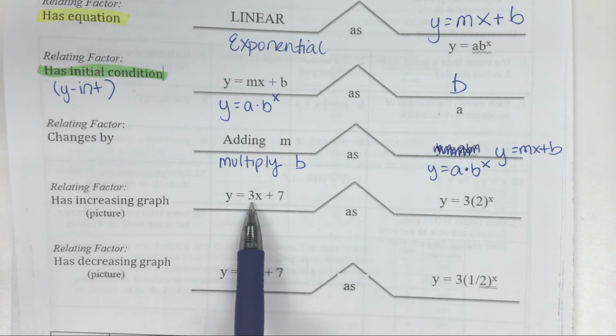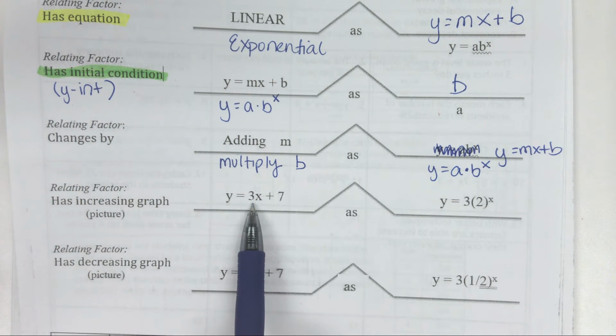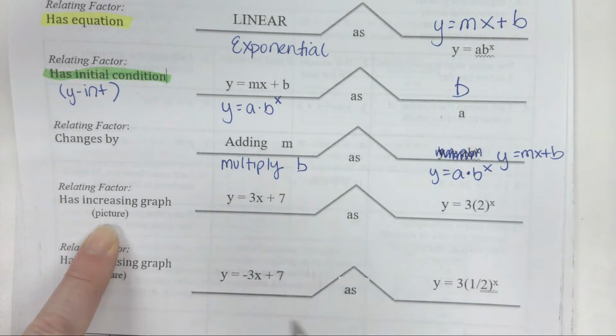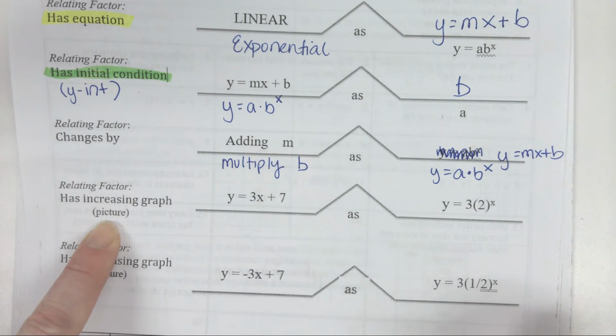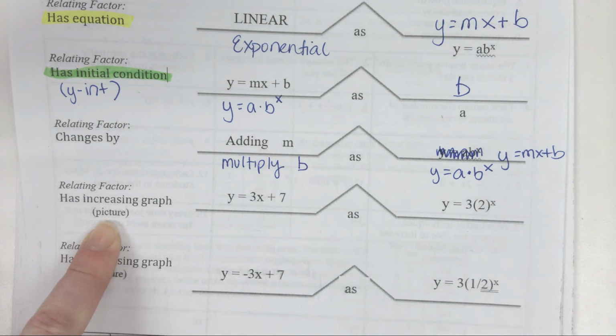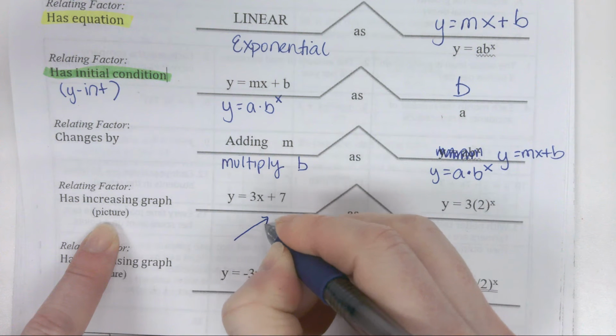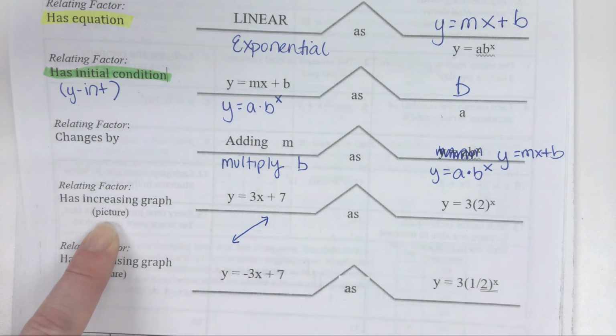The slope is positive. Do you remember how when slopes were positive, we went up and over? Okay. Would you just draw a picture of a line that's growing? What would that look like? Can you draw it in the air for me a second? It's straight, it's not curved, and it's going up from left to right, so like that.